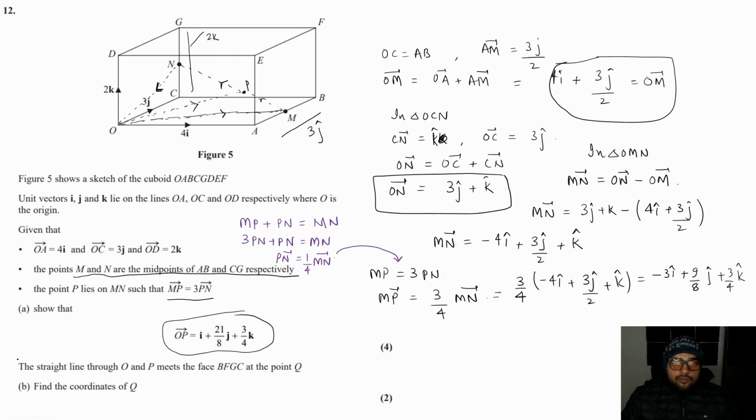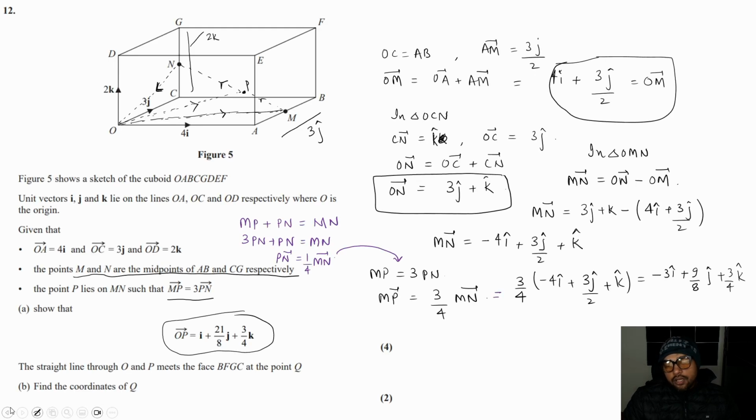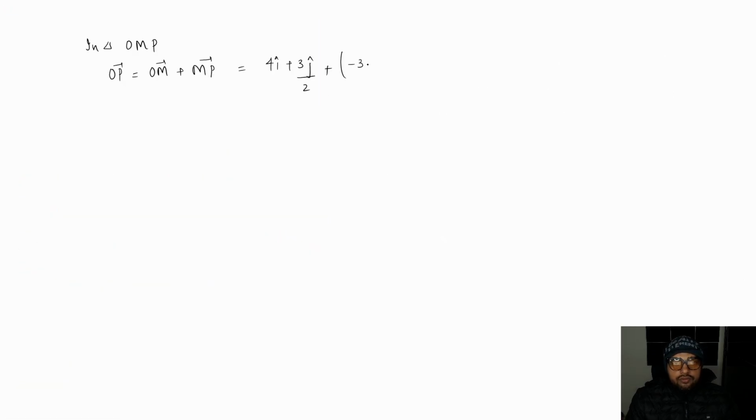OM we have calculated as 4i plus 3j by 2, plus MP vector, which we have calculated as negative 3i plus 9 by 8 j plus 3 by 4 k.